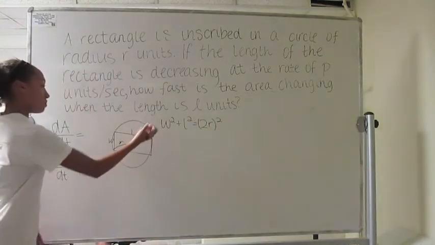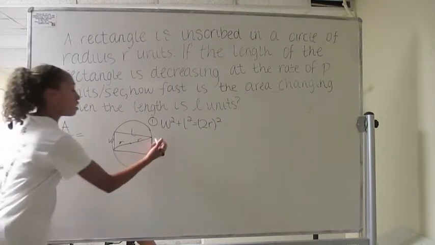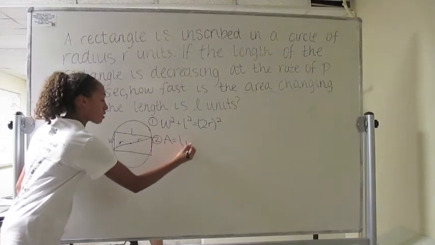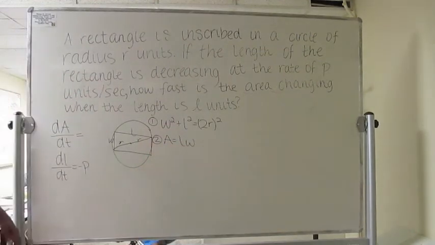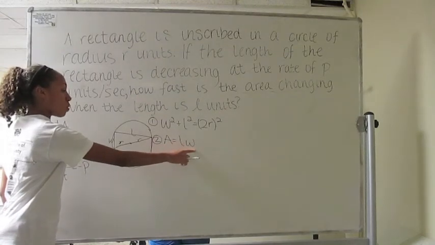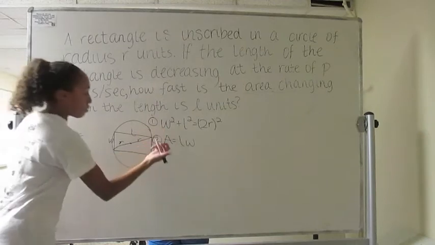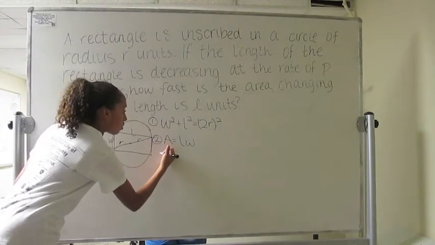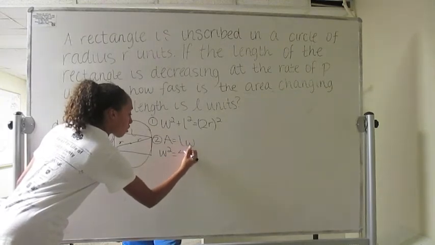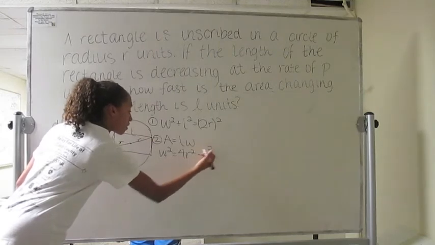That's our first equation. Next, we're trying to find the rate at which the area changes. So we use the equation area is equal to length times width. So now we want to find a value for W. So we use the Pythagorean theorem and we solve for W. So W squared is equal to 4r squared minus L squared.